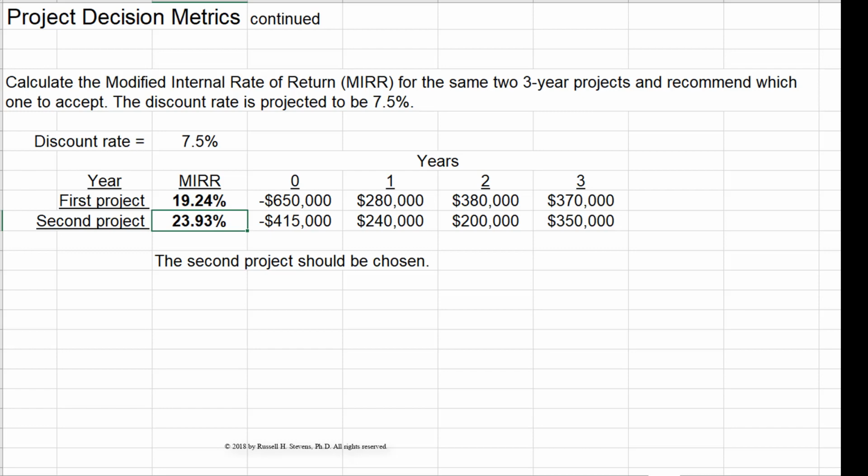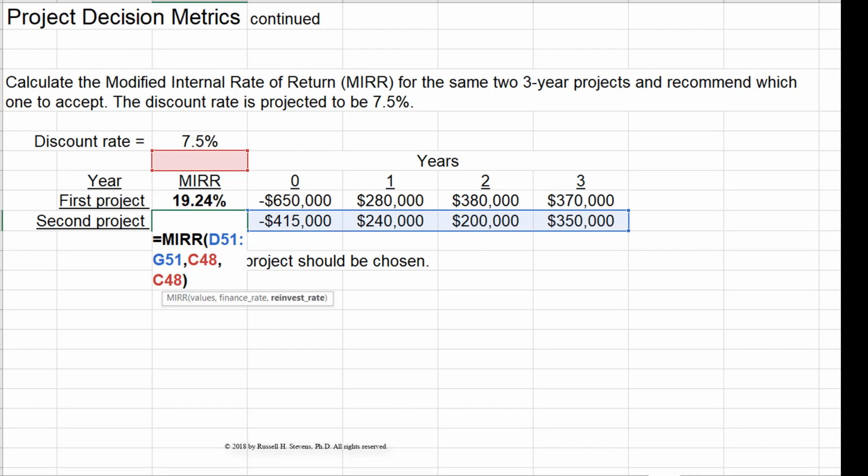To fix that, highlight the 23.93% and press the F2 key. Notice that the last two cell references in the function say C48, which is an empty cell. Arrow once to the left so that the cursor is between the 8 and the close parenthesis. Press the backspace key once and type a 7.